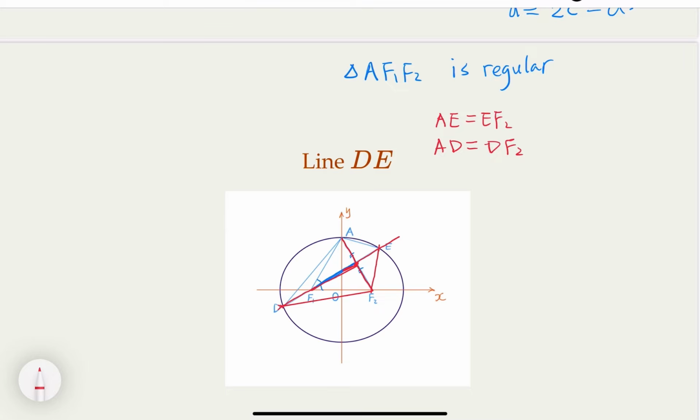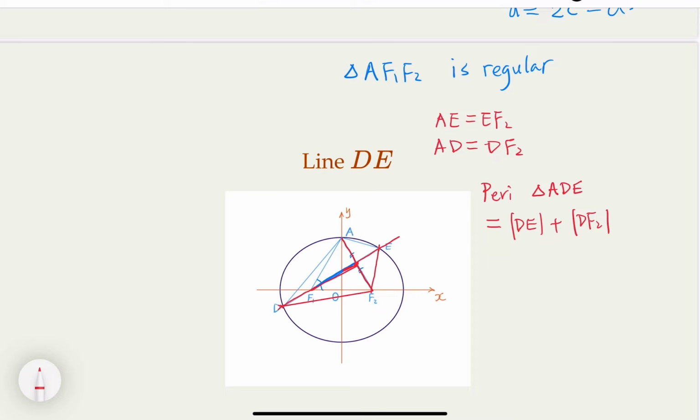So we are trying to get the ADE perimeter, right? So the perimeter of triangle ADE is equal to the length of DE, plus AD, but AD equals DF2, right?